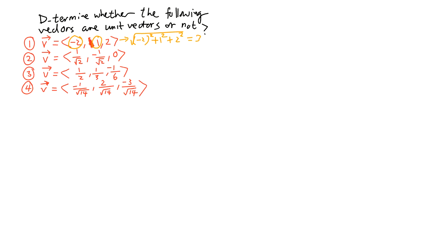How do we know that this is not a unit vector? The answer is not 1. If the answer is 1, then the vector would be a unit. So this vector is not a unit. How about the second one?